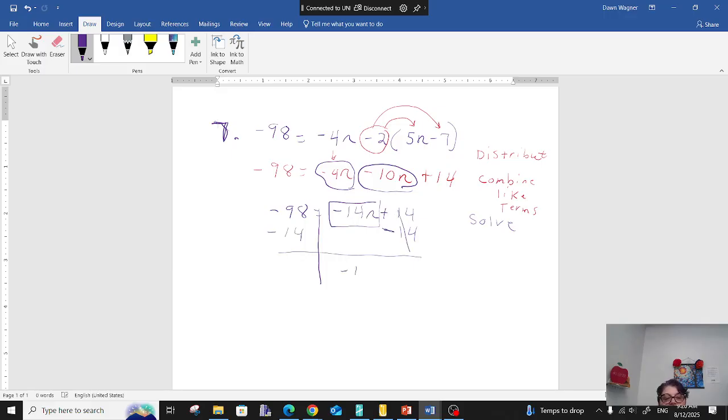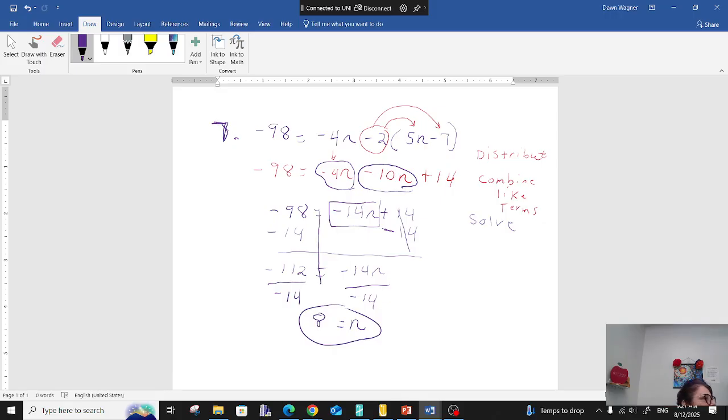This negative 14n comes down. And what is negative 98 minus 14? Negative 112. And I'm going to divide. When you divide, always put the number that's by itself in the calculator first. What's by itself is this negative 112. So that goes in the calculator first. Divide it by negative 14. What does that equal? What is it? 8? Thank you.